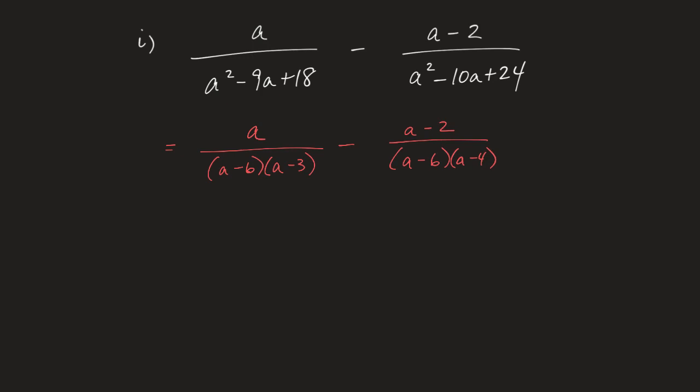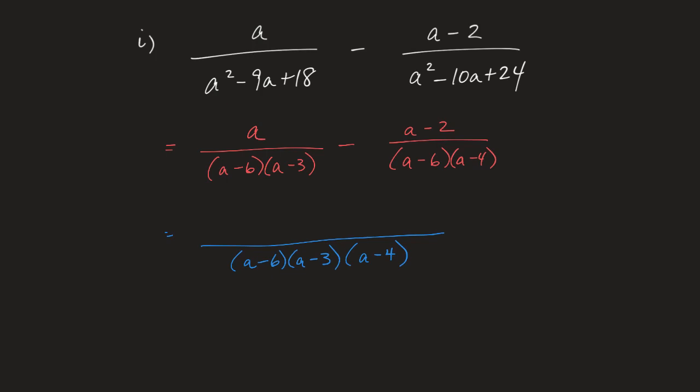Otherwise, here we go. So I now need my common denominator. It has to have all parts of the first fraction and all parts of the second fraction. Well, the only thing that was missing between the first and the second is that A minus 4. So you can see your common denominator. There's your first one. There's your second one.